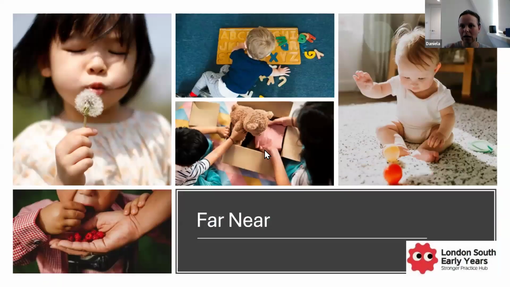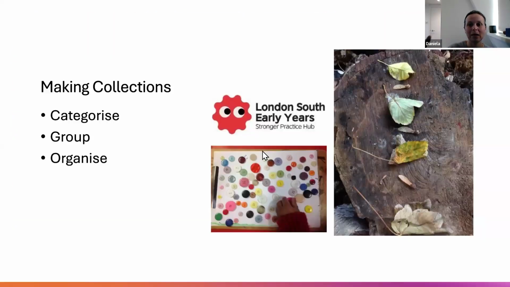We might be using the language of near and of far. We might be making collections of things like buttons or of natural objects that we find outside. And once we've done that, we can create those patterns. But really lovely to open it up to the children. When you have a collection like these buttons, ask them how it is that they want to organize them.